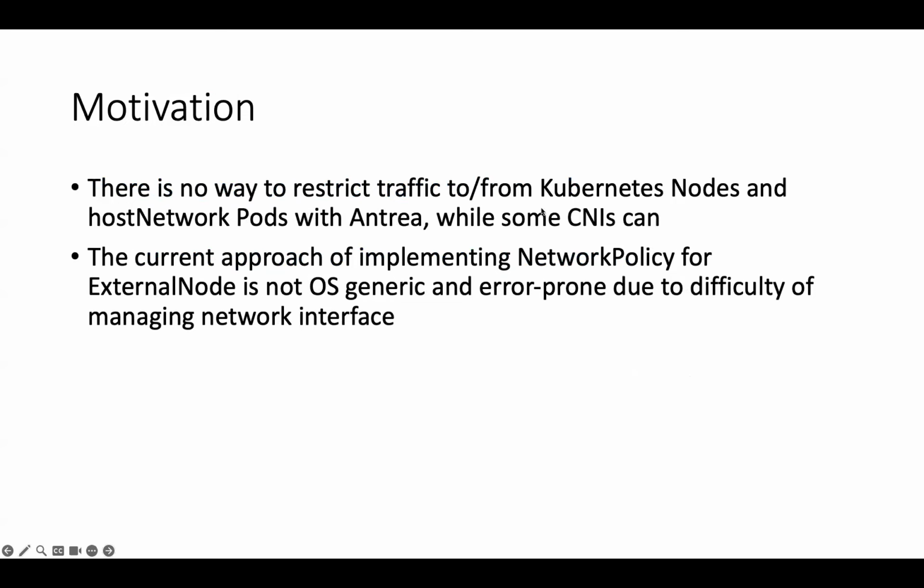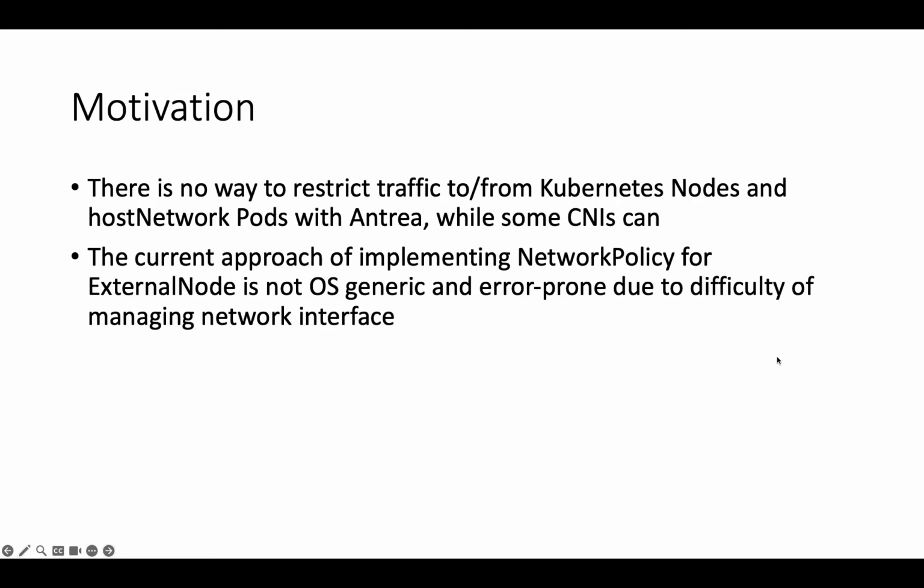The motivation of this proposal is, one, to have the same ability as some other CNIs to restrict traffic to or from Kubernetes nodes. This ability could also work for host network Pods because they share the same network namespace with the Kubernetes node. There are at least 2 other CNIs that already have this feature, as far as I know.